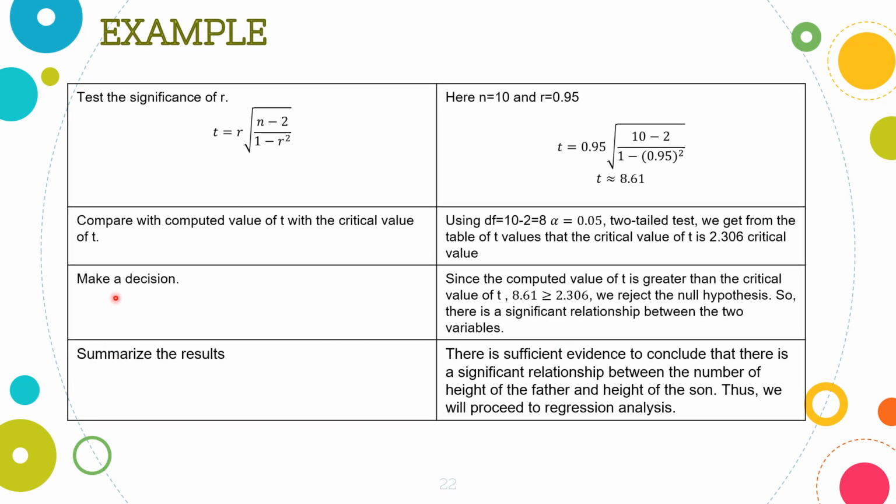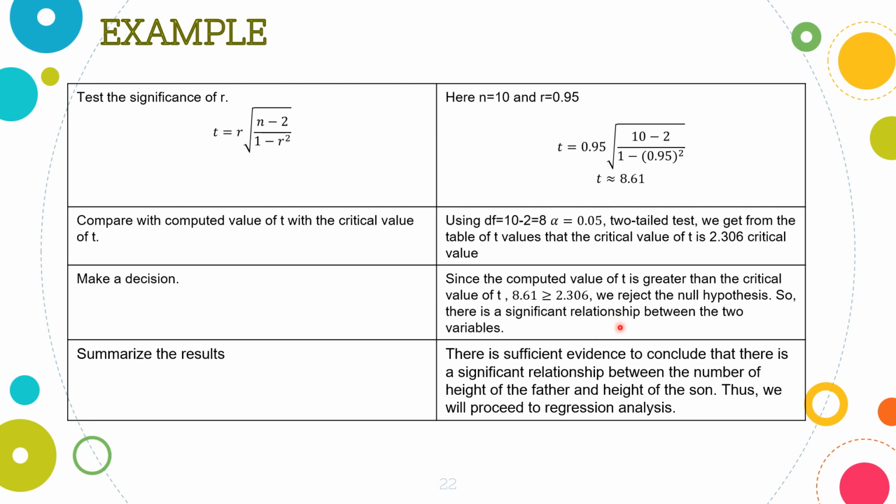So, we now make our decision. Since the computed value of t is greater than or equal to the critical value, which is 8.61 is greater than or equal to 2.306. So, what is our decision? We reject the null hypothesis. Therefore, there is a significant relationship between the two variables.